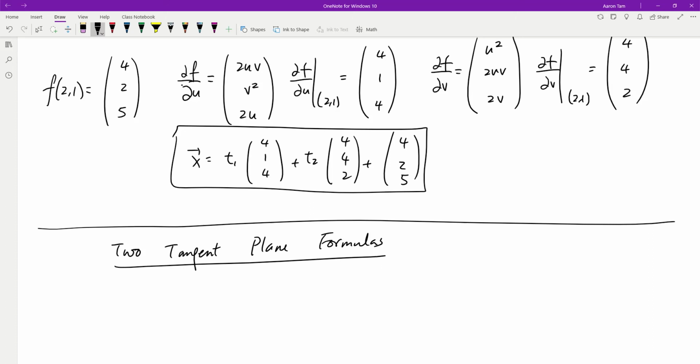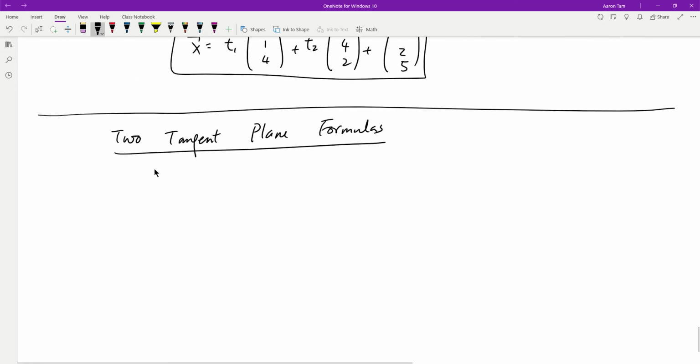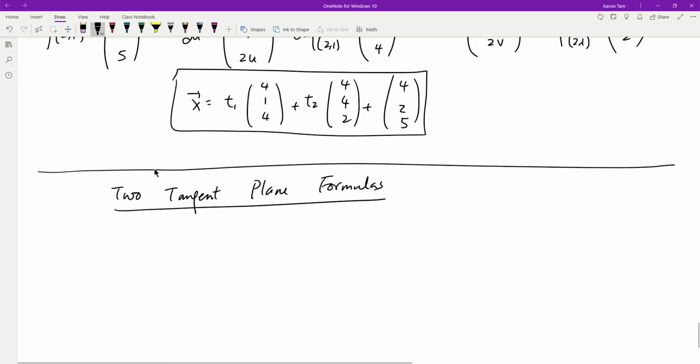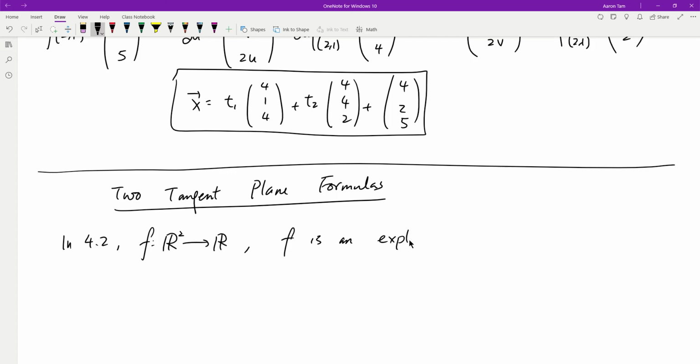So just a quick summary of these two different tangent plane formulas. In section 4.2, we have this formula. We have a function f that maps from R2 to R. In this case, f is an explicit function.